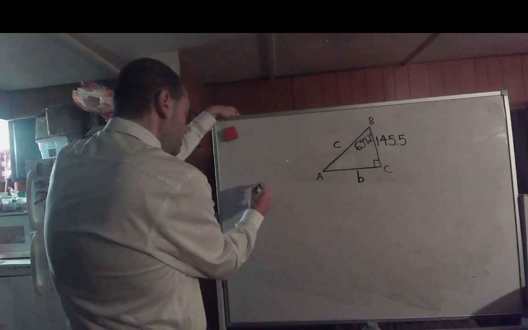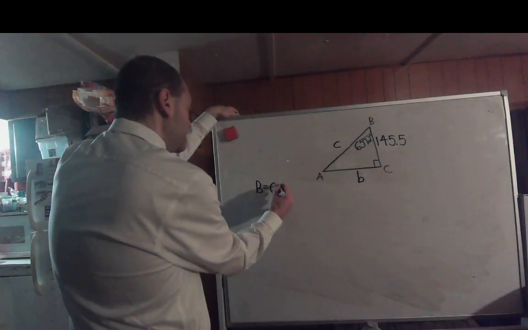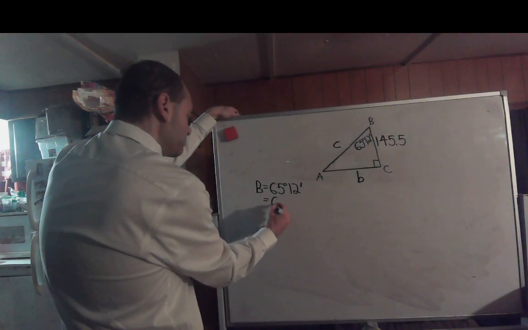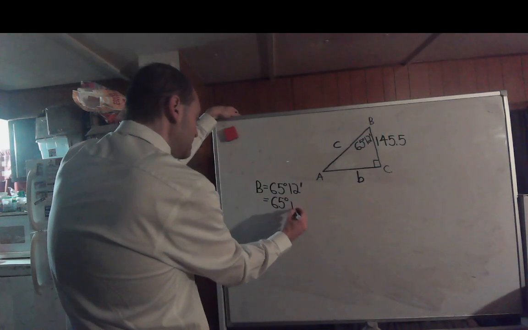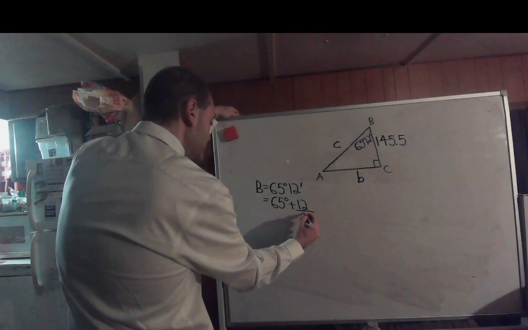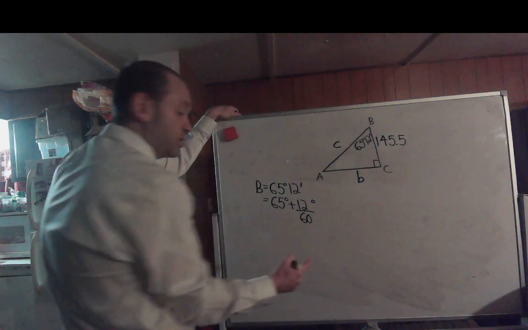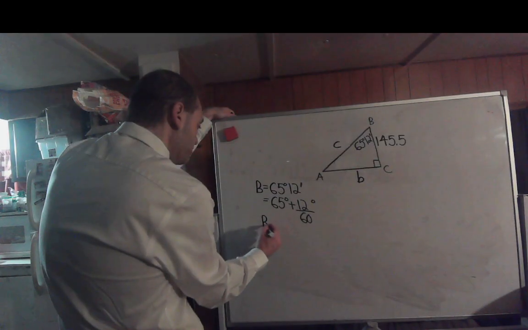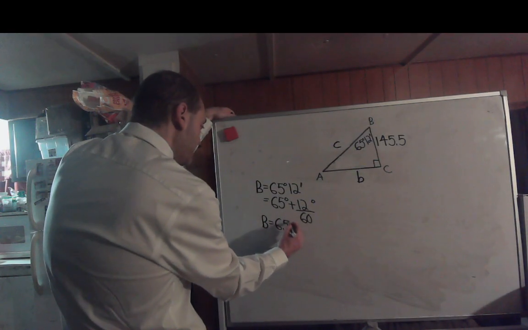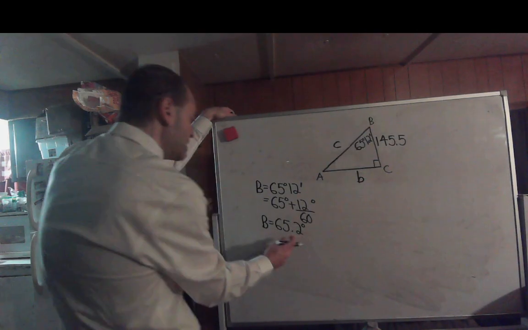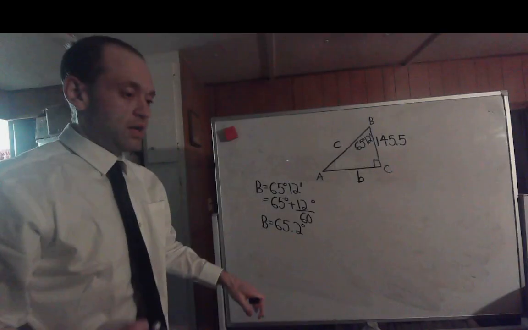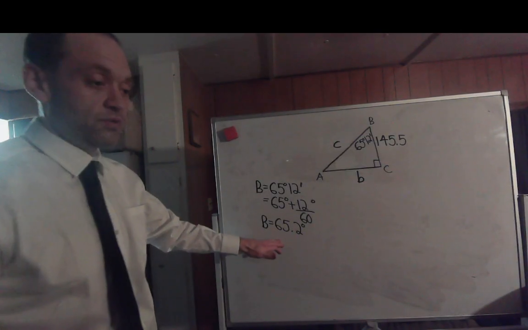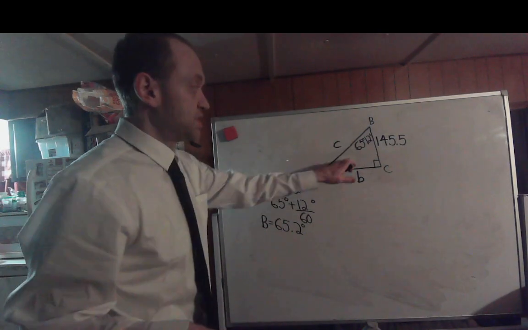So we know B equals 65 degrees and 12 minutes, which means it equals 65 degrees plus 12 out of 60 degrees. 12 out of 60, well, that's 1/5. So that means that angle B would end up equaling 65.2 degrees. So there's your decimal converted all into degrees for angle B. It's 65.2 degrees.